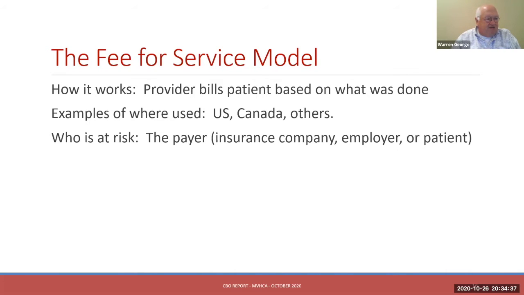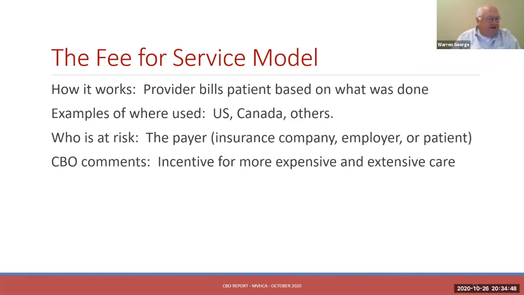Who is at risk? The payer, whether an insurance company, self-insured employer, or the patient themselves, is at risk from healthcare costs. The CBO notes that the fee-for-service model gives providers an incentive for more expensive and more extensive care options.